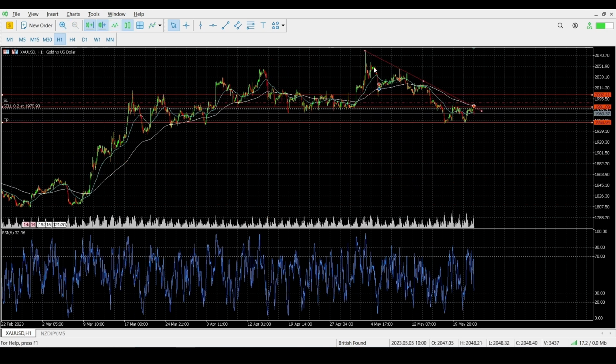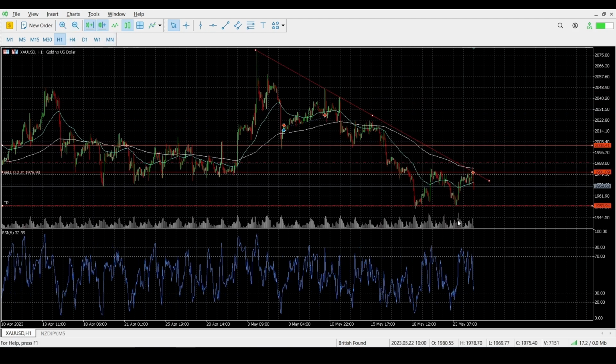I drew this line right here, which was used afterwards as my take profit, because you can see it formed kind of like a double bottom in this area and then pushed upwards. So this is where I'm expecting some reaction from buyers to be entering buy positions.